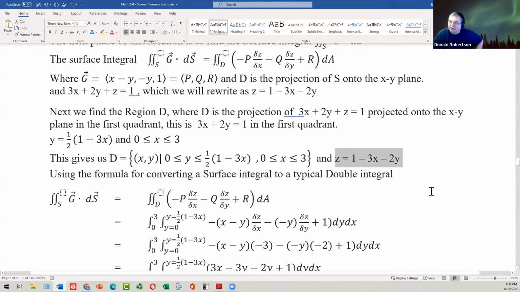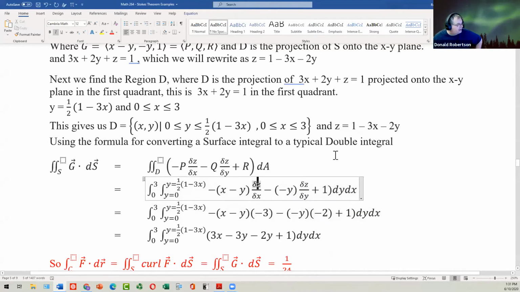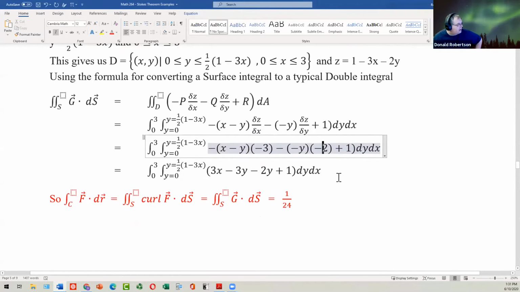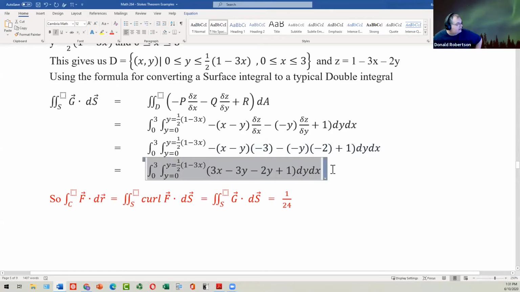If you rearrange the equation of the plane in the format z equals, it looks like this. So if you're wondering where dz by dx is, it's this derivative, and that's where -3 came from. And dz by dy is this with respect to y, and that's where the -2 came from. So you tidy this all up, and you get this.